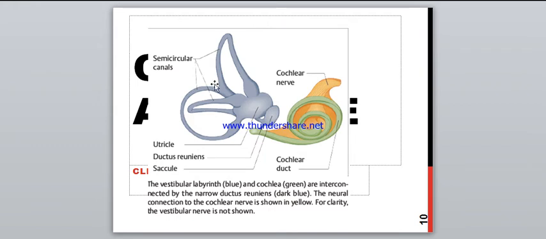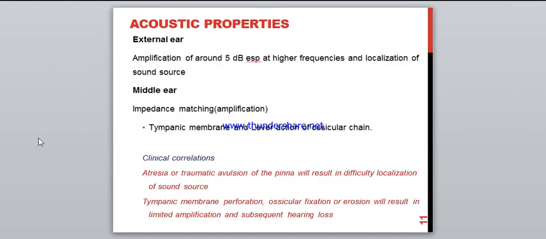So these are the organs of the inner ear, semicircular canal and cochlea. This is the cochlear duct, this is the semicircular canal. These are the main anatomic parts of the inner ear, and as I have already said, the main function of this inner ear is balance and hearing, done by the semicircular canal for balance and the cochlea for hearing.